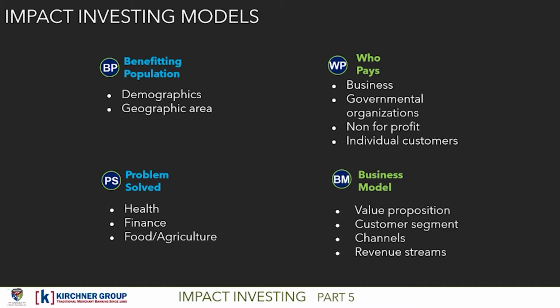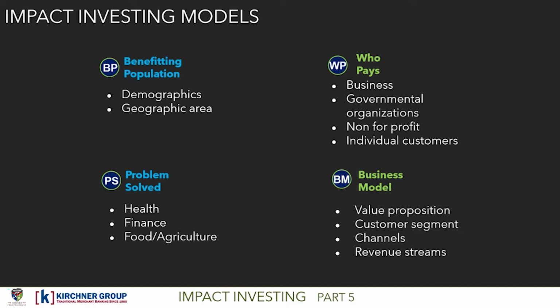The next thing is to identify your customer segment, meaning to whom you are offering your value proposition. You also have to identify the channels, meaning how you're going to get your product or service to the final customer. And lastly, you have to identify the revenue streams that your project will have, meaning where the money is coming from and how you're going to charge for your product or service.